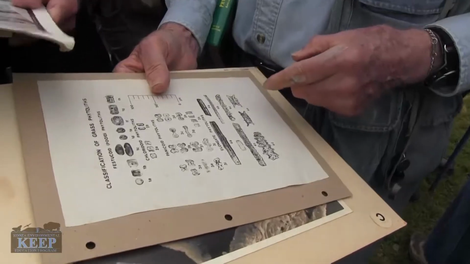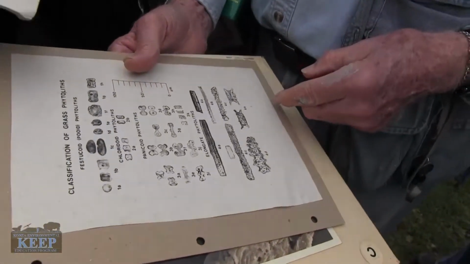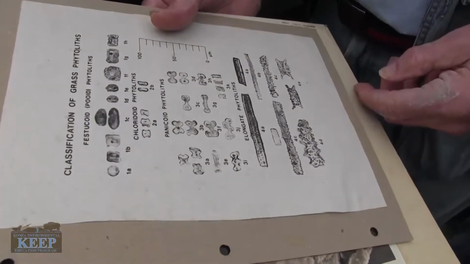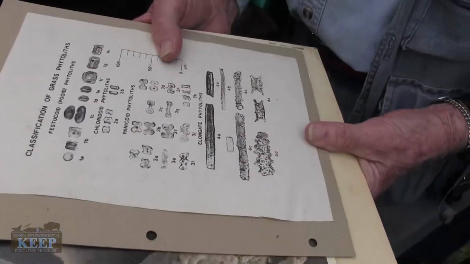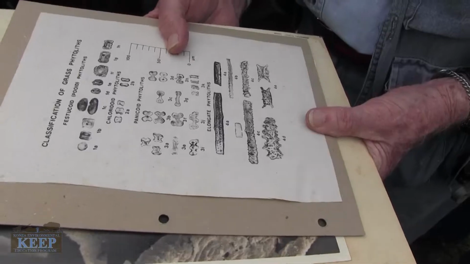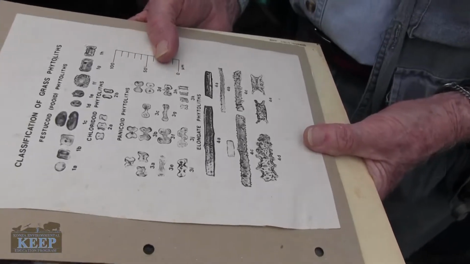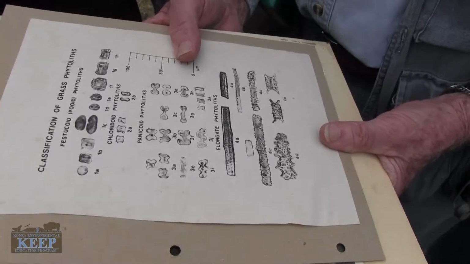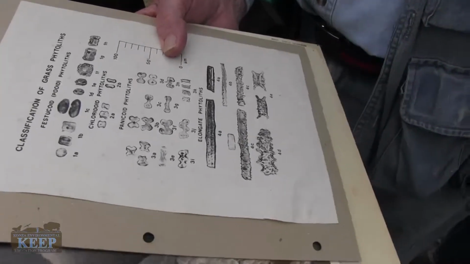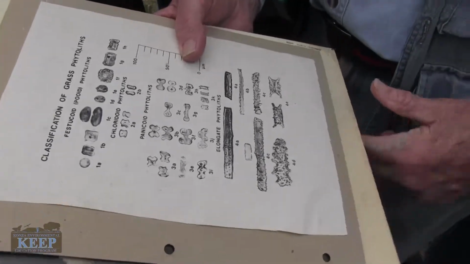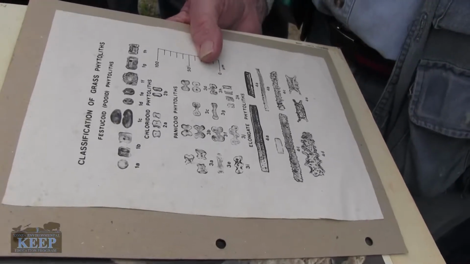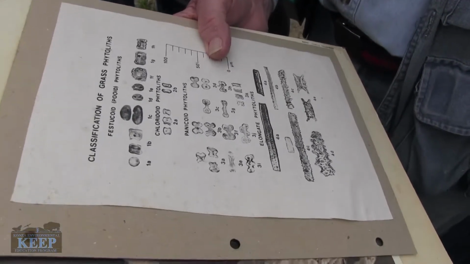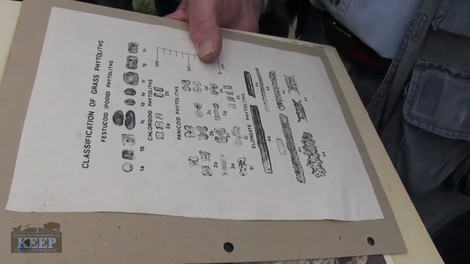One of the things I played around with is the silica in grasses, and got onto this simply by accident. We had a dust trapping station network that went from Colorado to the East Coast and up into Canada, down into Texas, and we were trying to trace the source and the quantity of the dust that's been transported.